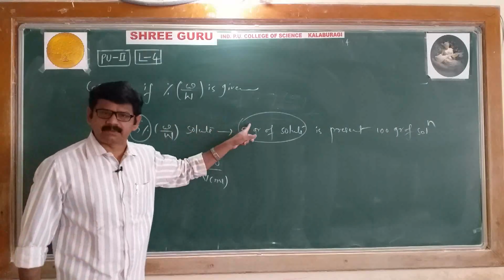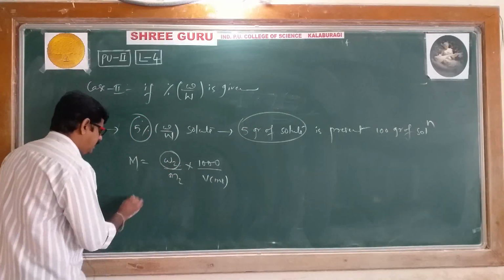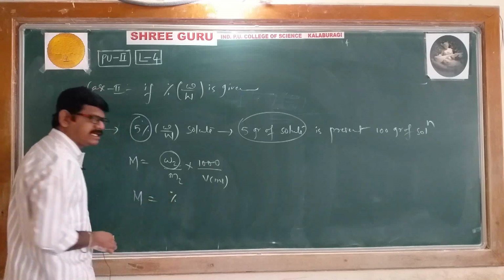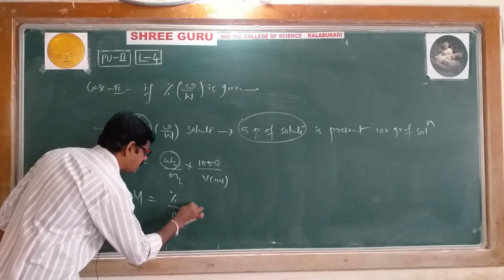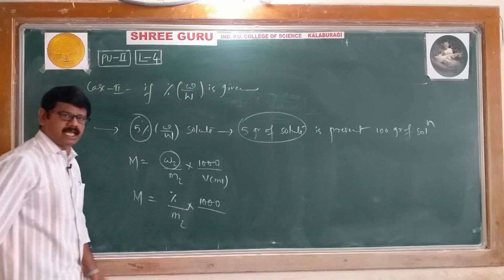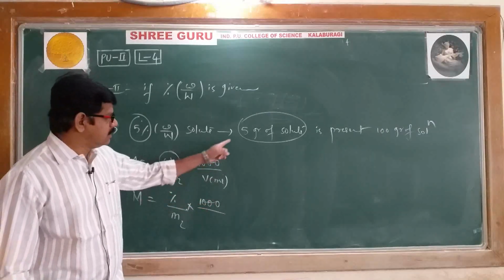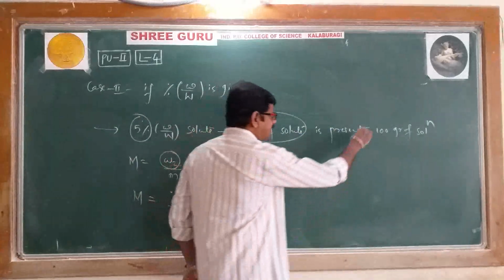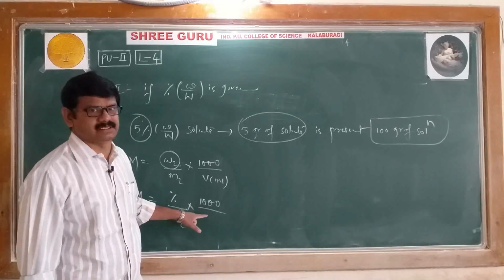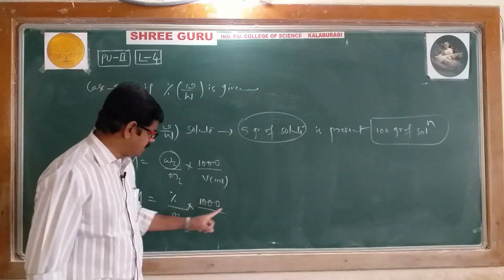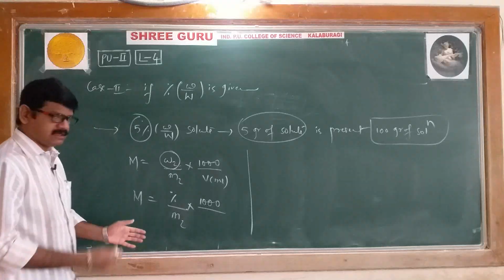Therefore, in place of W2, I'll write the percentage directly, divided by molar mass into 1000 divided by, now a problem arises. What is the volume of solution? Here no volume of solution is available, but mass of solution is available. But we need a volume of solution. How to convert? We'll see.